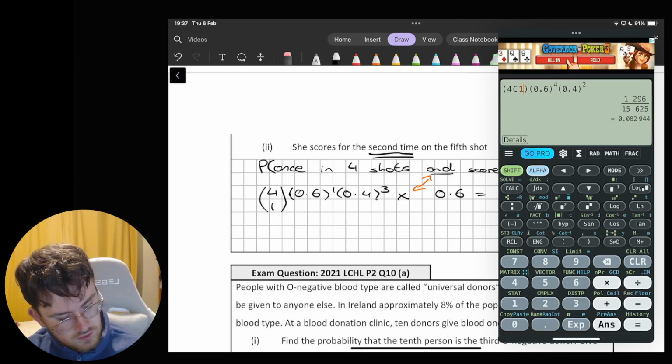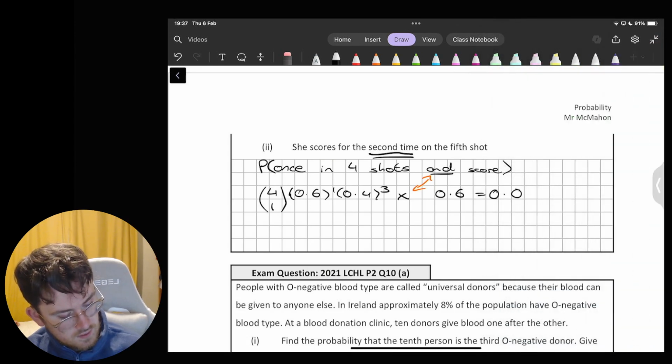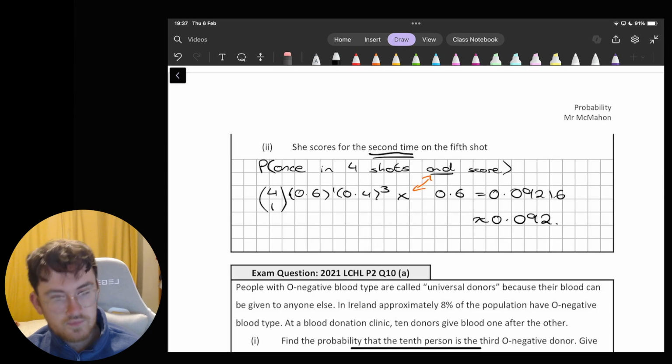So 4 choose 1, 0.6 to the power of 1, 0.4 to the power of 3, and then times that by another 0.6, 0.09216. And we were told 3 decimal places, so that's 0.092. So about a 9% chance that that occurs.